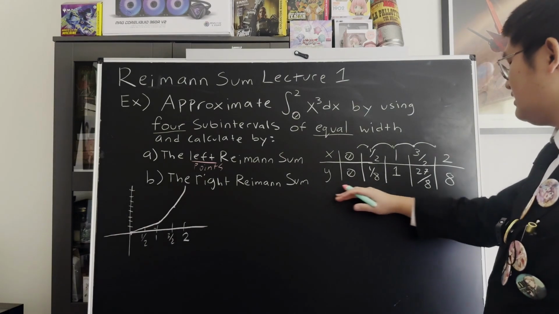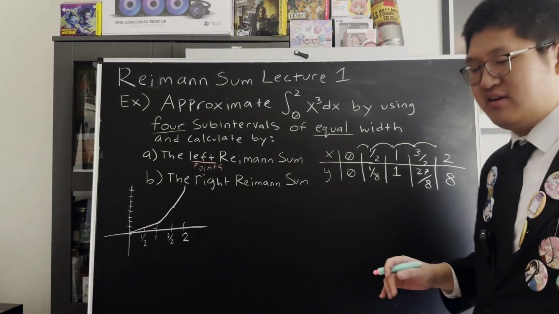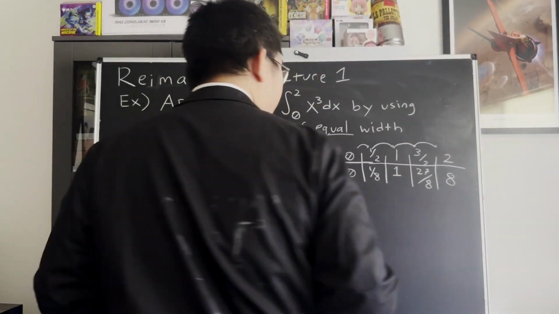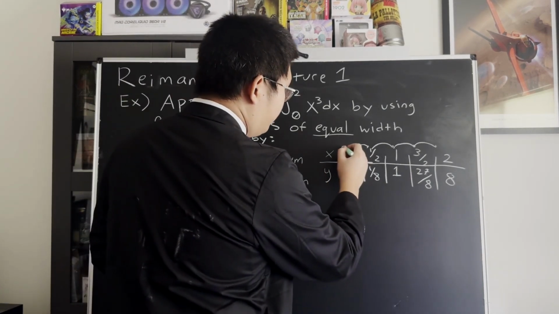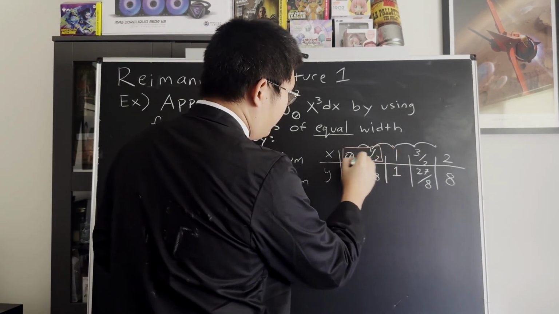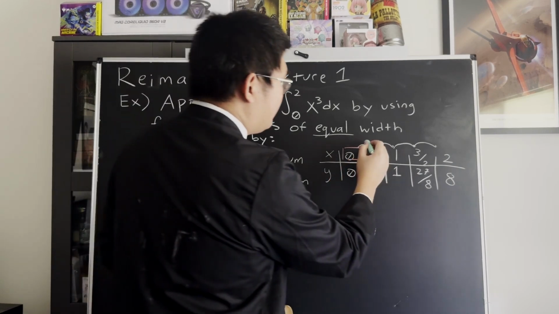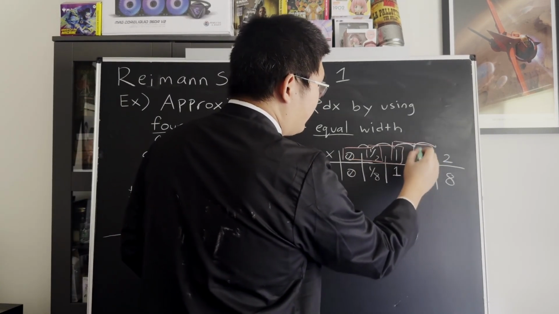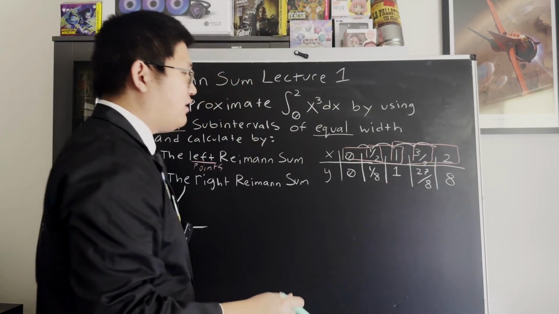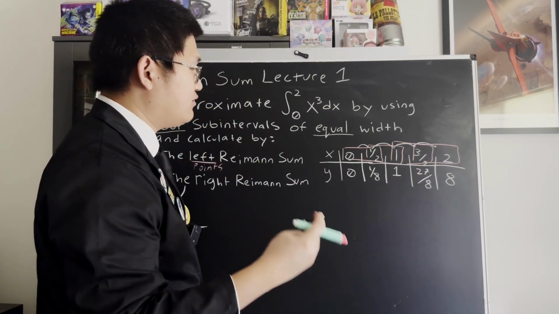As you can see, we have listed out 5 points here, right? That's quite a few, but we need to still draw 4 rectangles from it, right? So again, we think of it as rectangle base 1, right? Because from 0 to 1/2, then 1/2 to 1, and then 1 to 3/2, and then 3/2 to 2, right? That's how we base out 4 rectangles from 5 points.